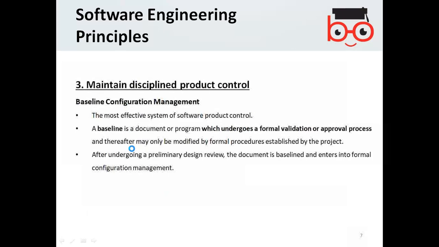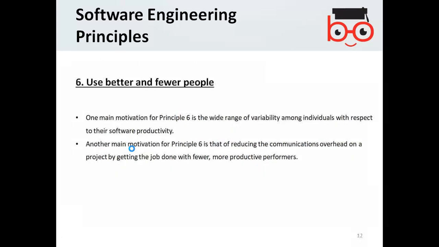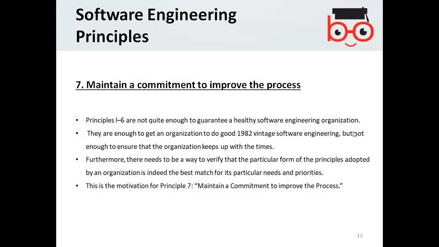So up to principle 6, the people should have been of quality, not quantity.